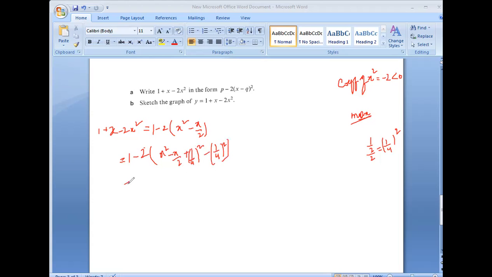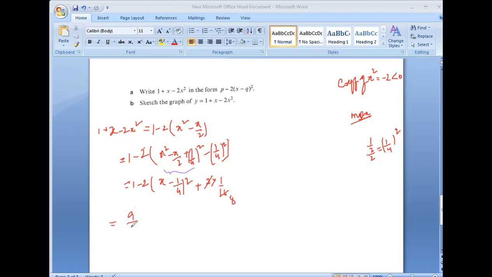Close this. Now it is in the form a square minus 2ab plus b square, so (a minus b) whole square. So 1 minus 2 of (x minus 1 by 4) whole square, minus into minus gives plus, 2 into 1 by 16, which is 1 by 8. Is it clear? So 1 plus 1 by 8 is how much over here? 8 plus 1, that is 9 by 8.